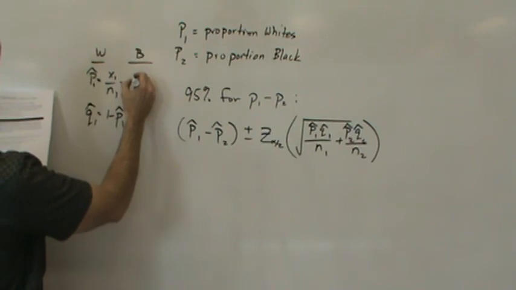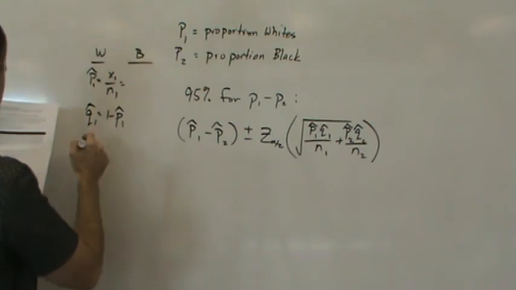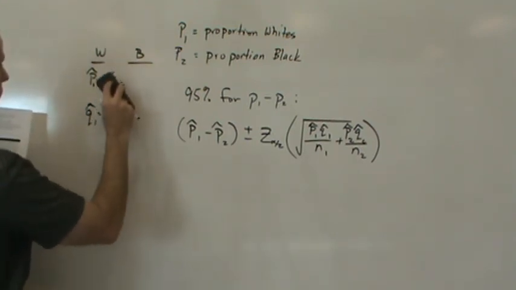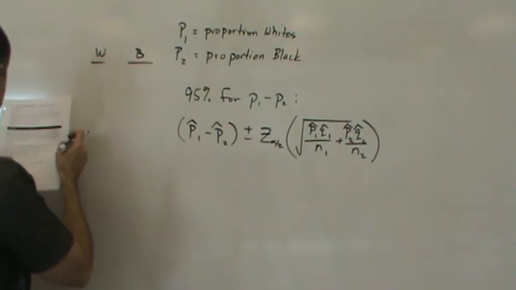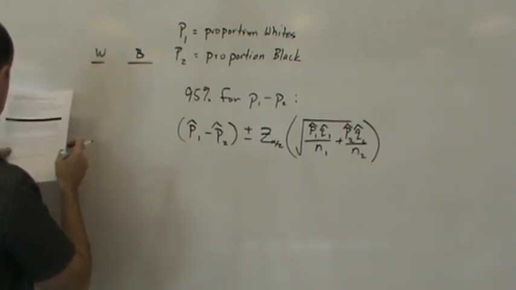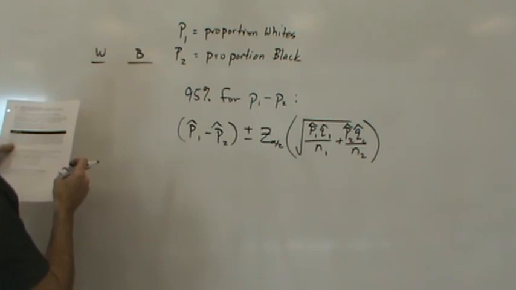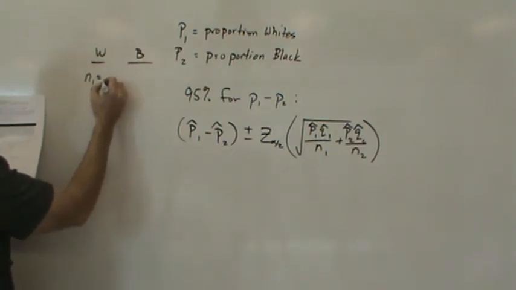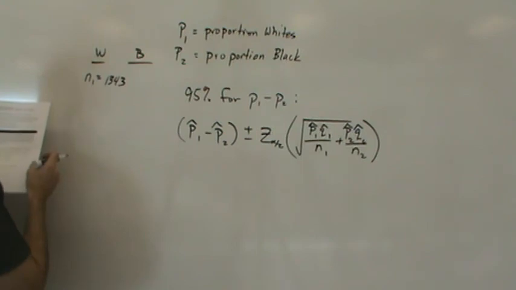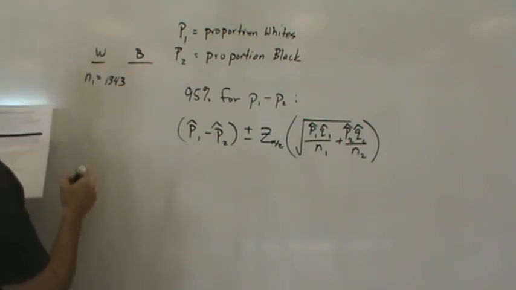Of the whites, N1 is equal to 1,343, and we know that 10% of those own an iPhone.